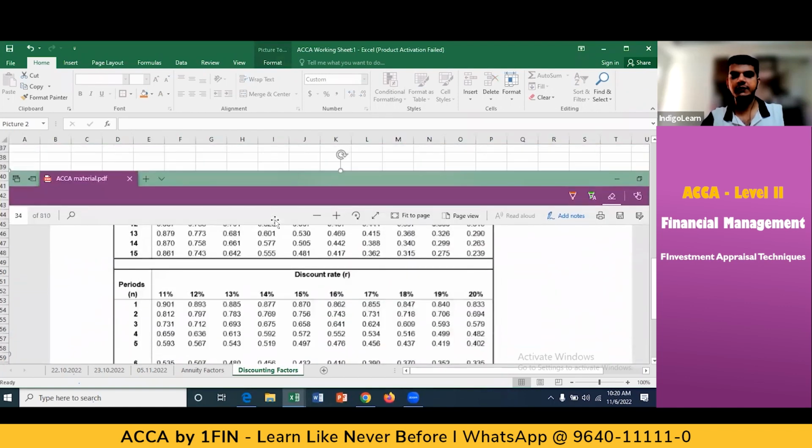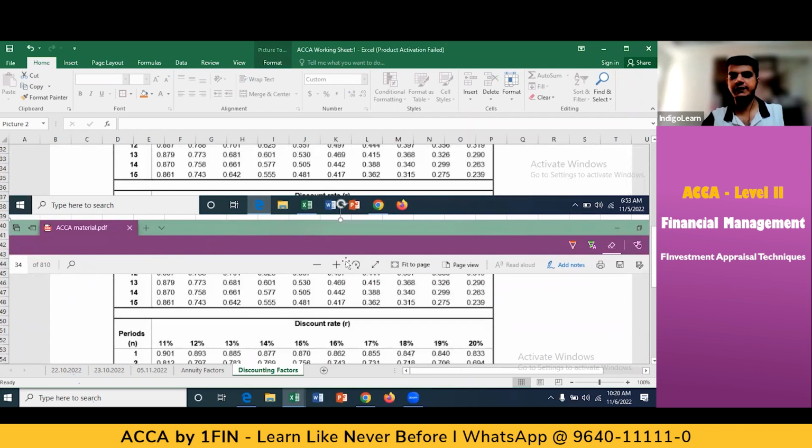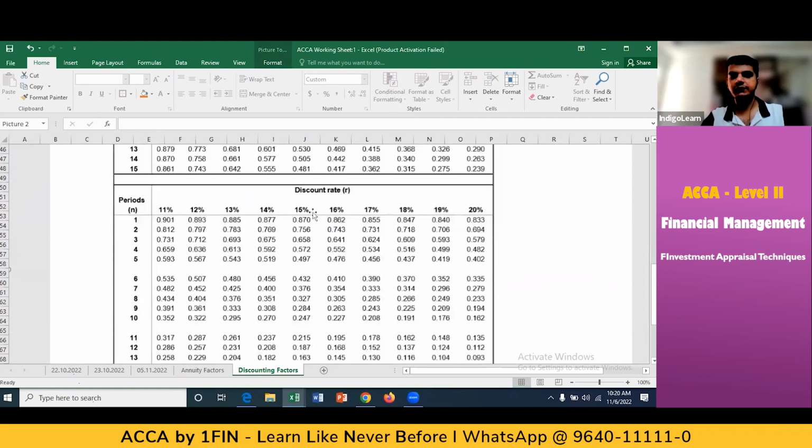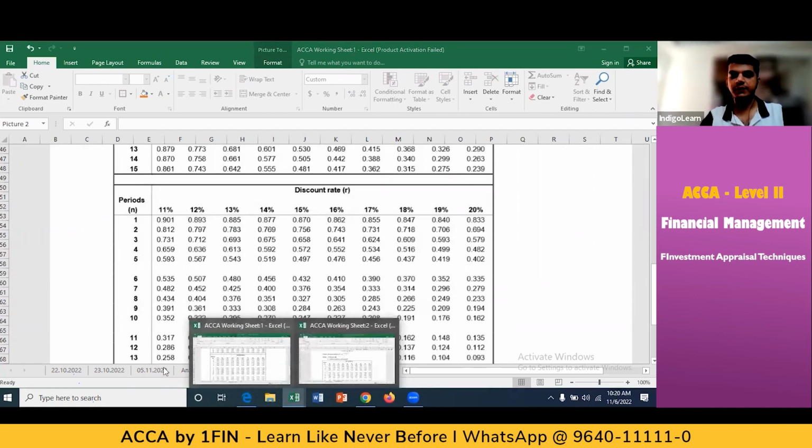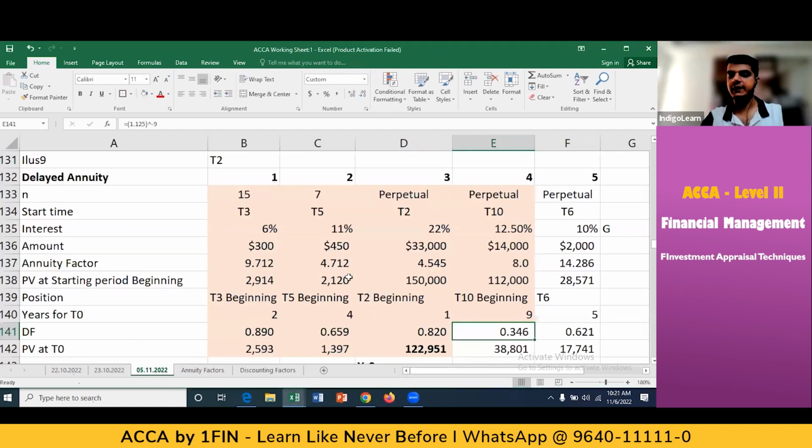We have tables for 1, 2, 3, up to 20. How will you calculate a discounting factor for 12.5? It is only possible when you know the formula. That's why formulas are very important for you. Otherwise, you will get paralyzed there. You will not know how to calculate.